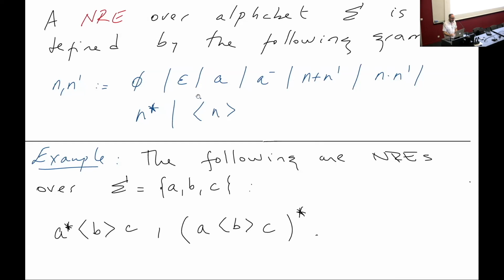So we have the empty set, the empty word, symbols, inverses, union, concatenation, Kleene star, but we also have an existential test. So the following are nested regular expressions over sigma A, B, C. For instance, we can ask A star nesting B, C, or we can ask A nesting B, C, all of these starred.